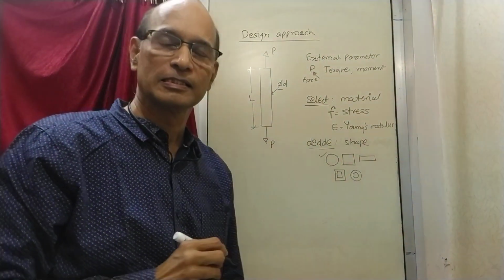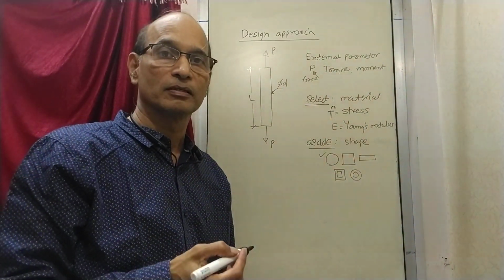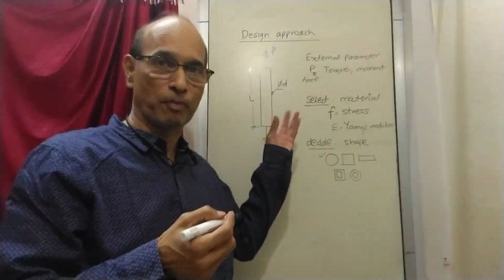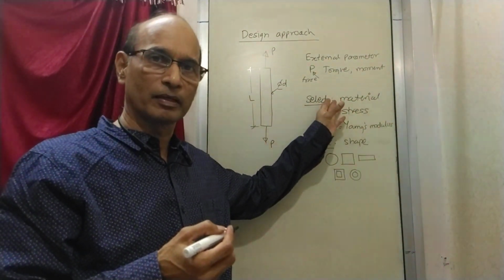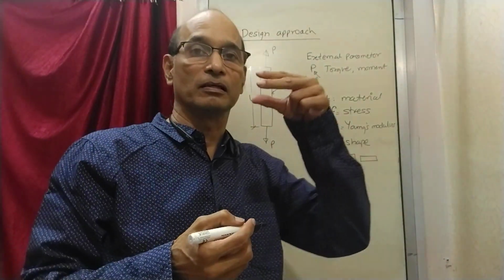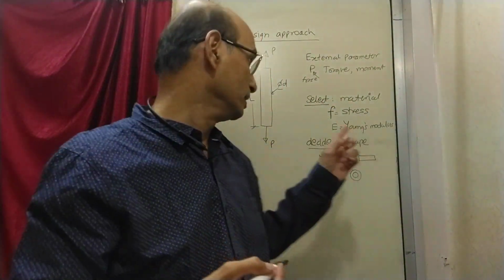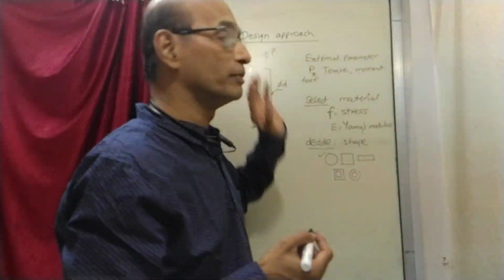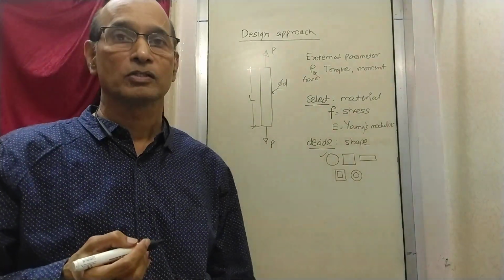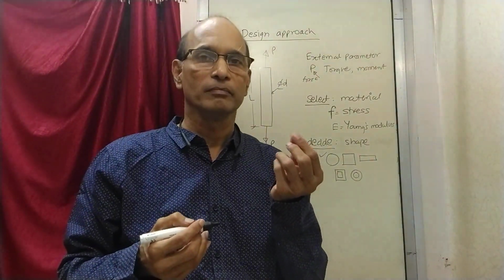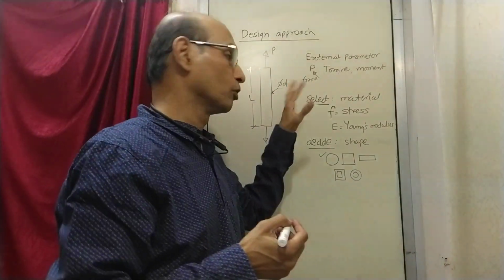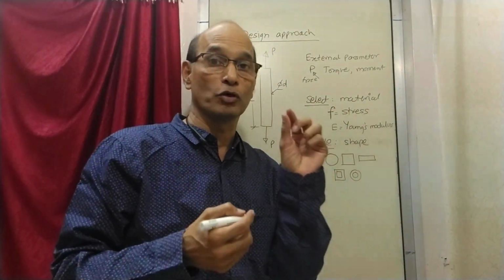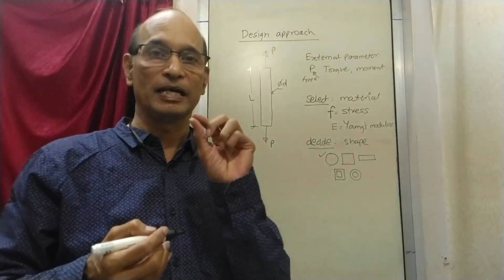Now having done this, what is the next job? The next job is to make this part. While making the part, you are given a specific material. Now you have to arrive at a certain diameter D, so that the diameter can withstand the load. Suppose you decide some diameter which is not sufficient, then because of this load the rod will break. That means the diameter you selected, or the design, is not correct.